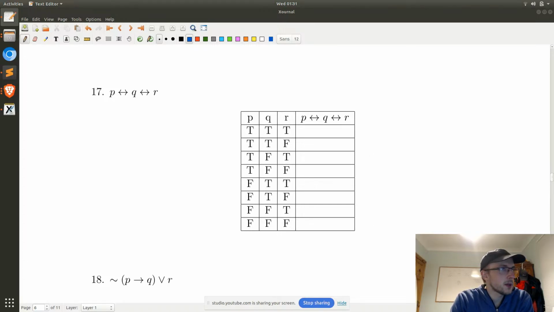P if and only if Q if and only if R. Right. True. False. No, it's only going to be true under these two circumstances, I believe. Wrong.